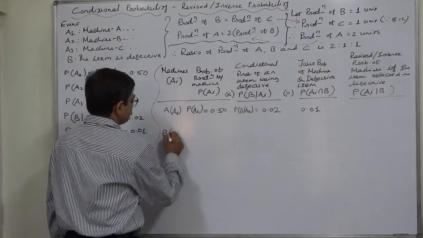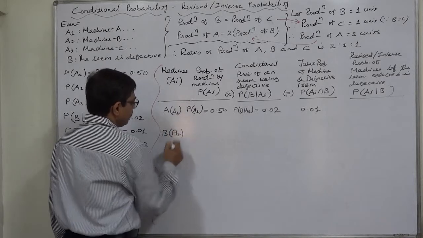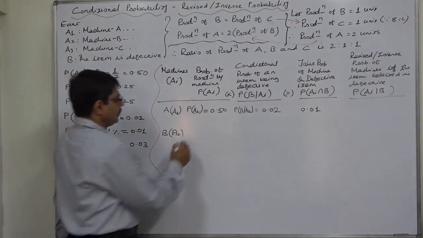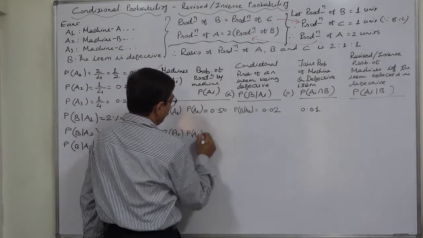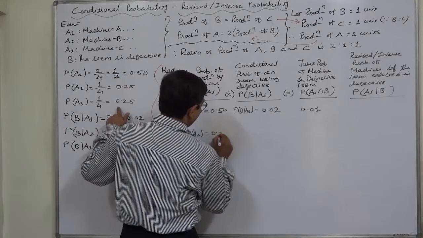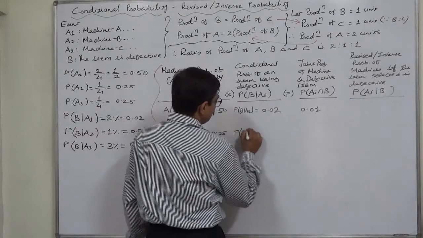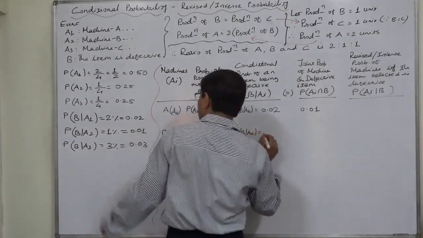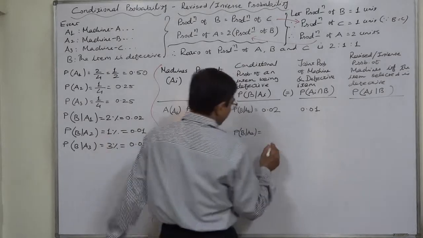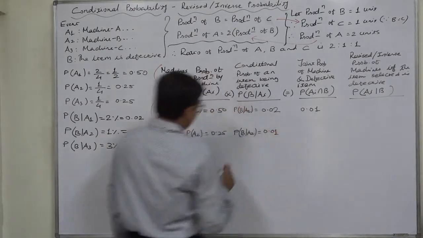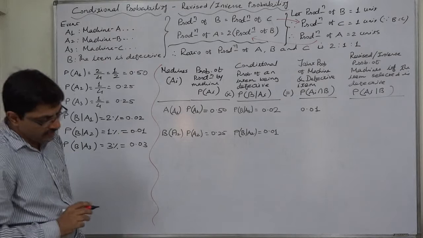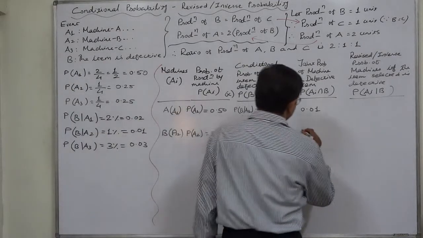Now second is machine B. We assign the sign A2. P of A2 is 0.25, 1/4 of production. P of B given A2, 1% items of B are defective, 0.01. 0.25 into 0.01 is 0.0025.